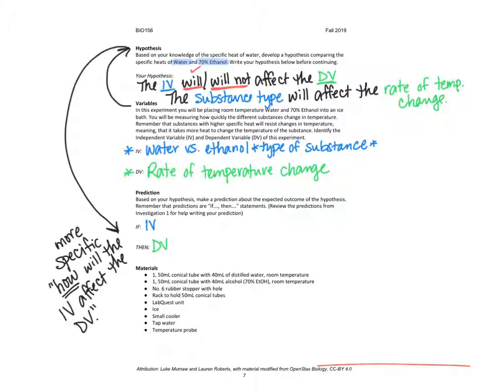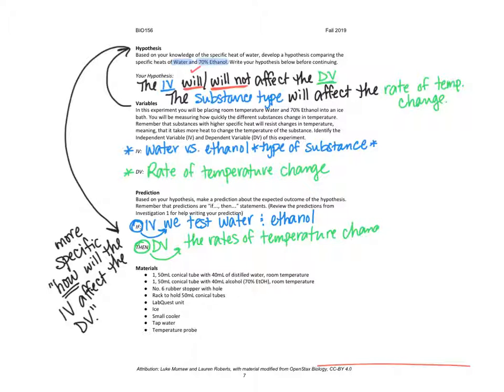Now, we might have to play around with the wording a little bit, but we can say if we test water and ethanol, all right, so this is the if we test this independent variable, then the rates of temperature change will be different.